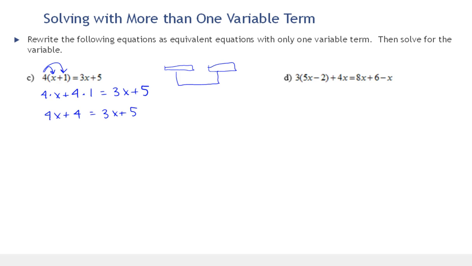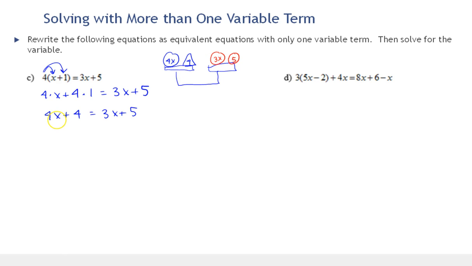And on the left-hand side, say we have 4x and 4. And on the right-hand side, I'll use different colors, we have 3x and 5. Now remember, our ultimate goal is to get one term with an x in it.